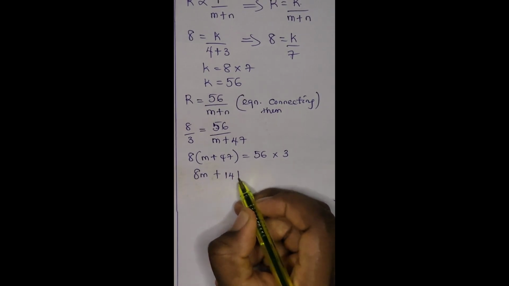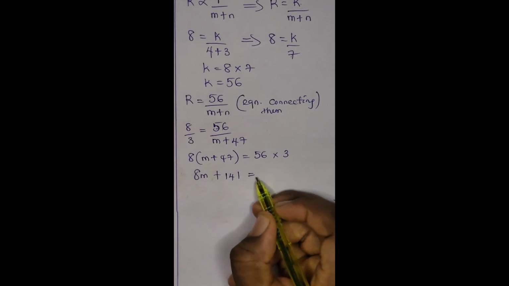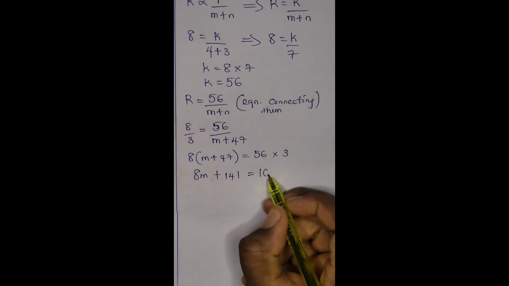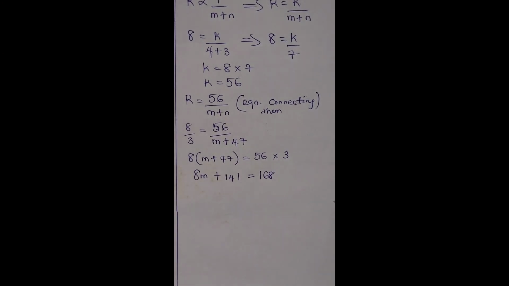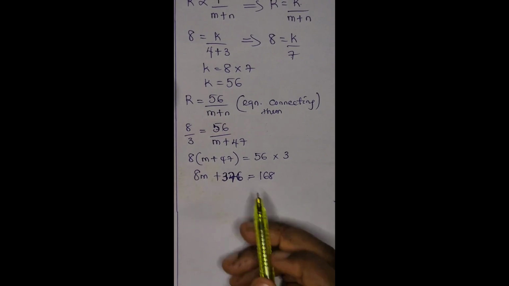Yes, 141 equal to 3 times 56 is 168. Okay, this is 376, sorry.